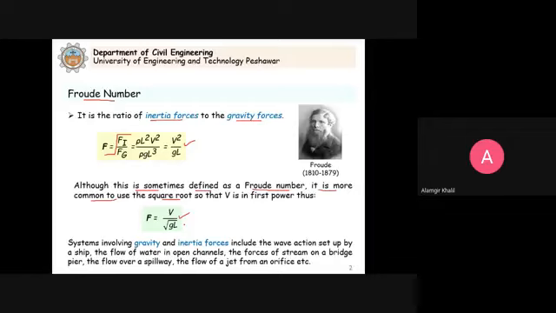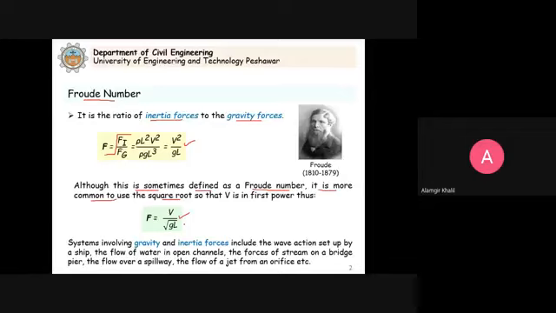As I said before, we have these dimensionless numbers, the Reynolds number and the Froude number, and we will study some other numbers that are commonly used in fluid mechanics. But there can be many numbers we can define, since it is the ratio of two forces and there can be many forces.